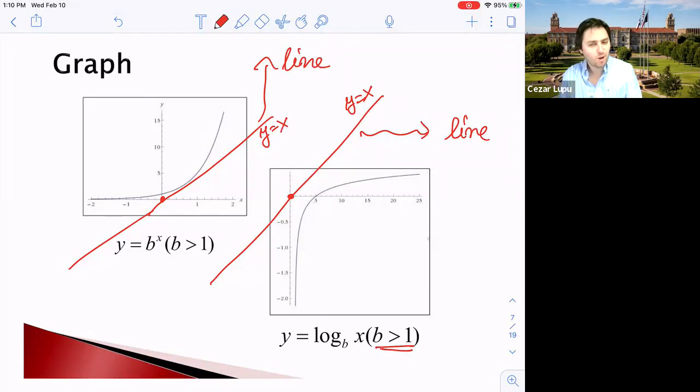Asymptote, but we haven't talked about that, so just say it without the word. It won't touch it, right? It gets super close. Will it touch the y-axis? Not quite, never in infinite time, but it will get very, very close. Yes, that's correct.